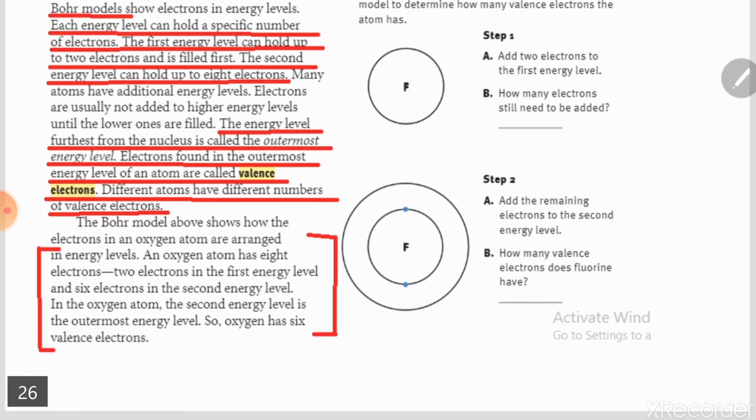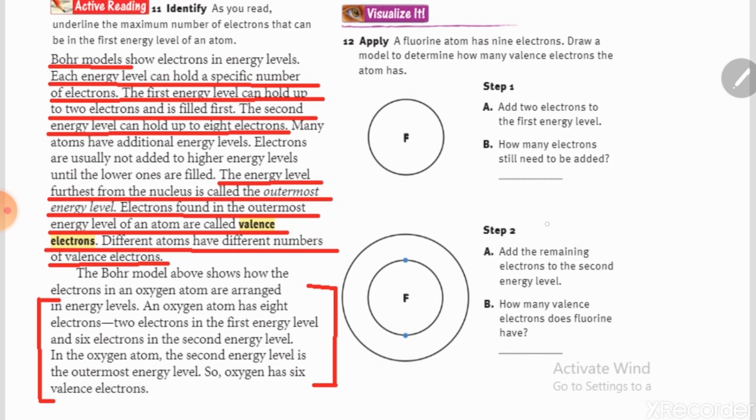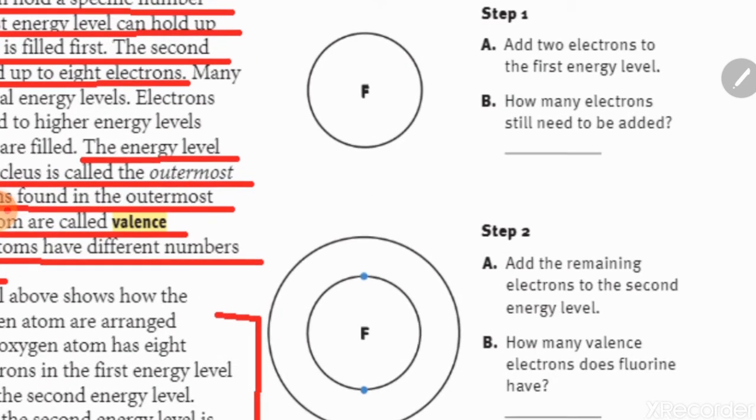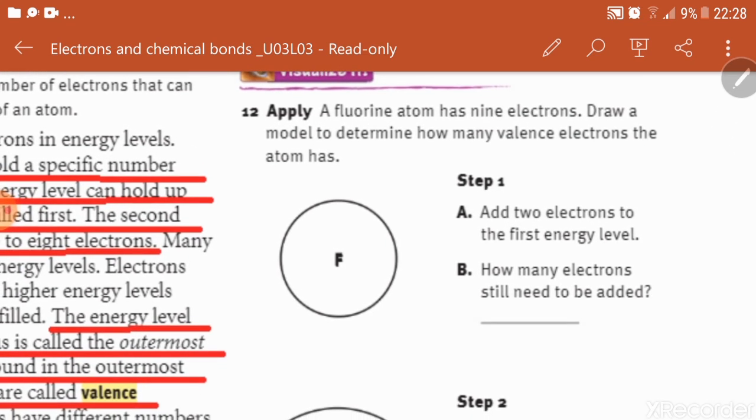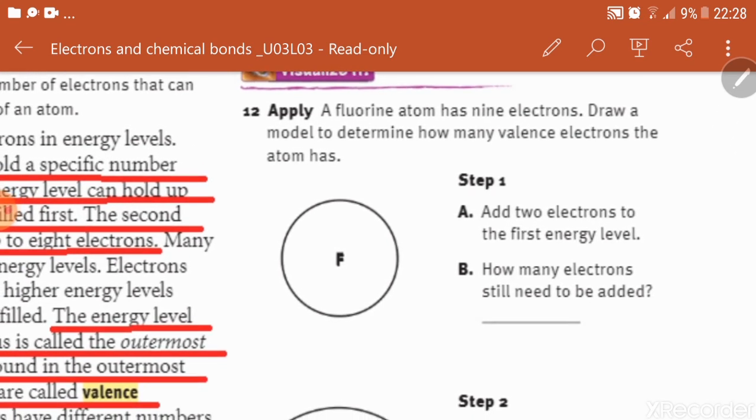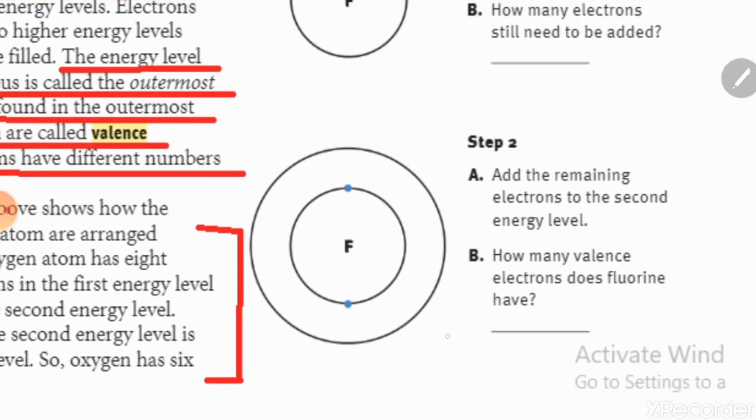Then here they talk about the valence electrons. Let's see the example they give us: the fluorine atom has 9 electrons. Draw a model to determine how many valence electrons the atom has. I want you to do it by yourself.